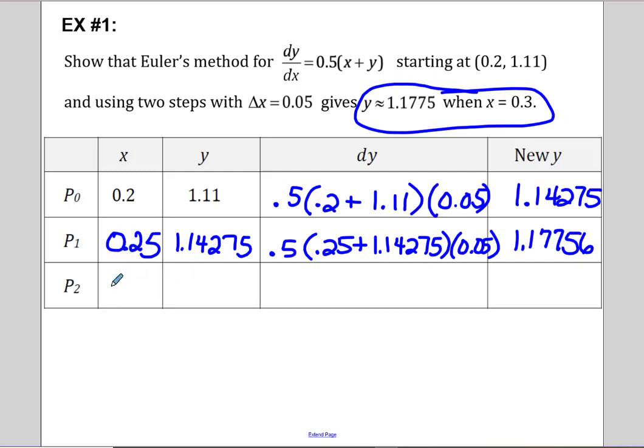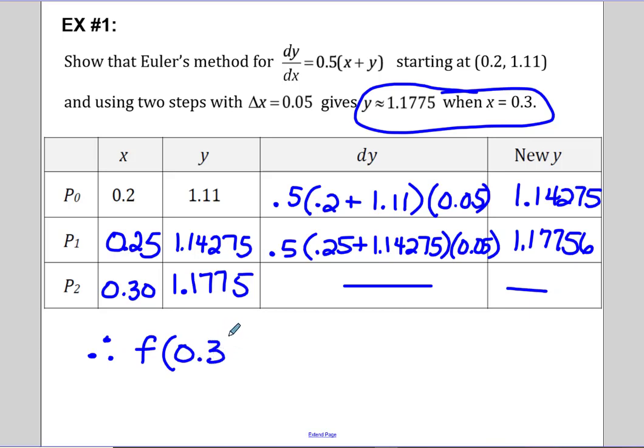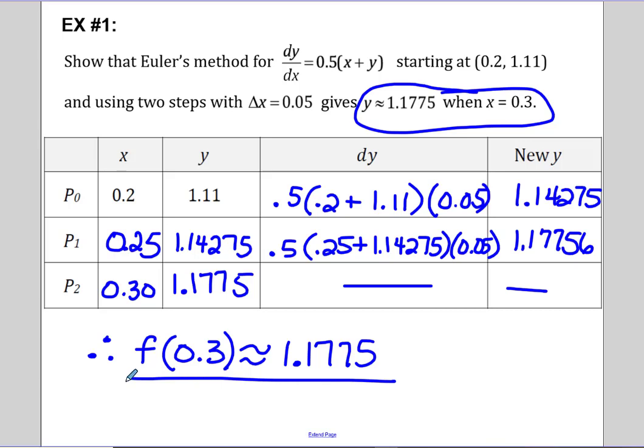So we want to add 0.05 or 5/100ths to 25/100ths, which is 0.30, and we ended up with 1.1775. So we don't need to go any further, and we have shown by Euler's method that the function f of 3/10 is approximately 1.1775. So we used Euler's method with the given differential derivative at the starting point and the step to the right of 5/100ths.